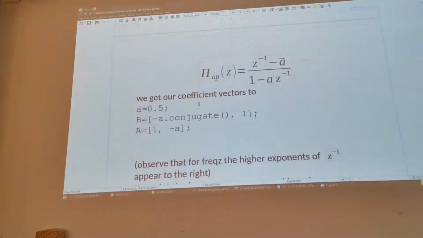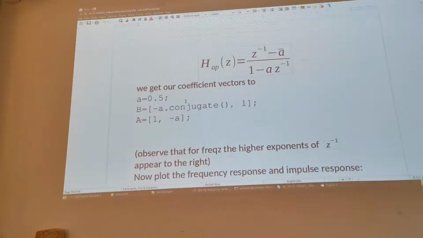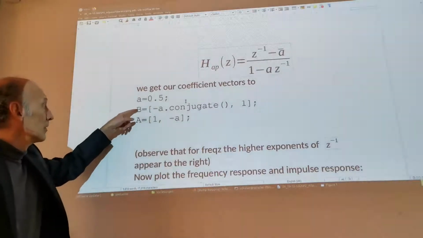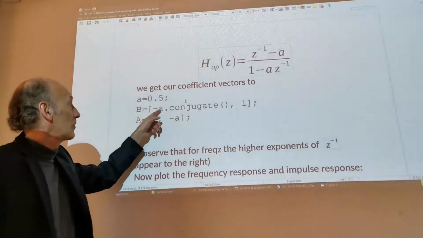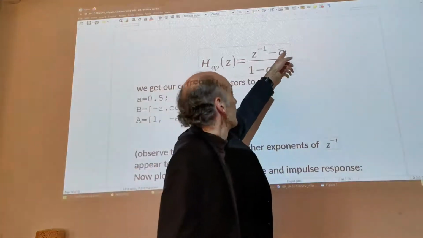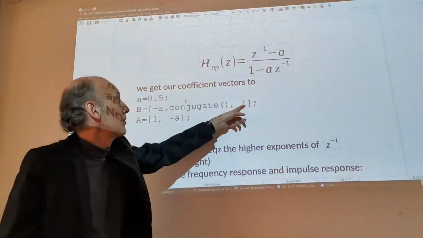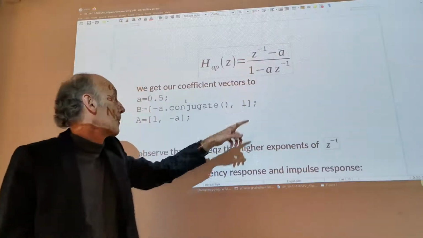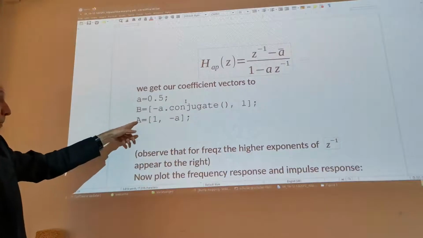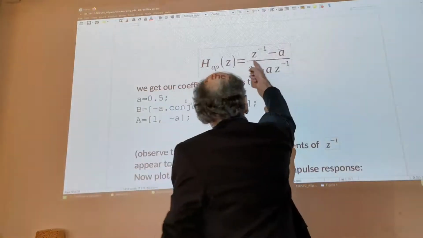So here's our all-pass again. Now we use B and A as our arrays for our filter. So A is 0.5. Then B, the feed-forward coefficients, is minus A conjugate complex, this part here. And then the next entry is the coefficient of the delay. Same for A. So here we have a polynomial.